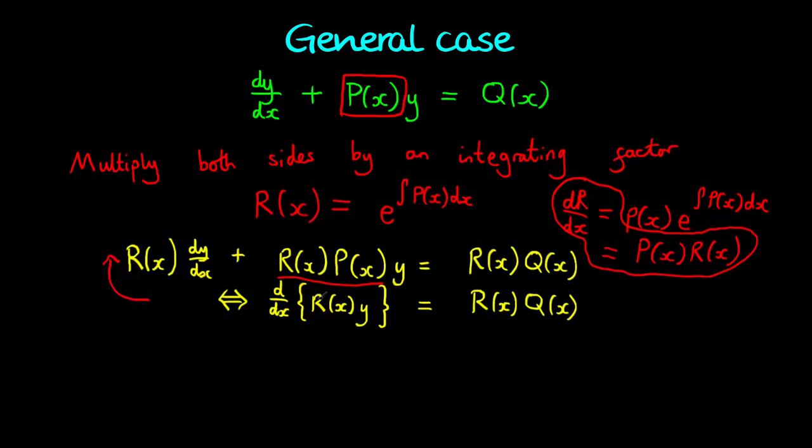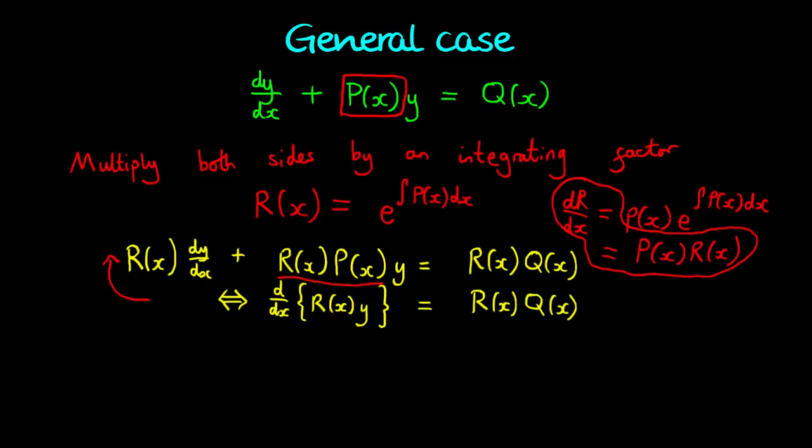So you'd say okay, that derivative will be r of x times dy by dx, which is this first term, plus the derivative of r times y. And the derivative of r, as we said over here, was dr by dx is equal to p of x, r of x. Okay, so you can see, kind of unwrapping this with the product rule, that this left-hand side is this derivative.